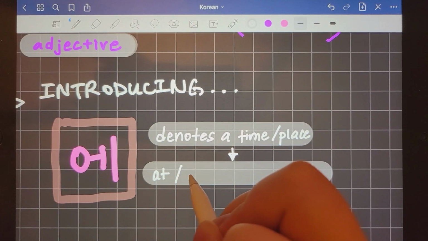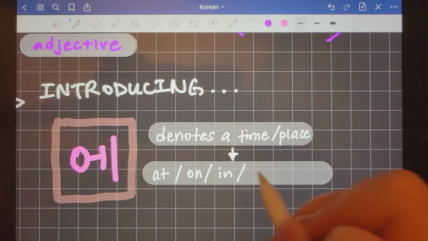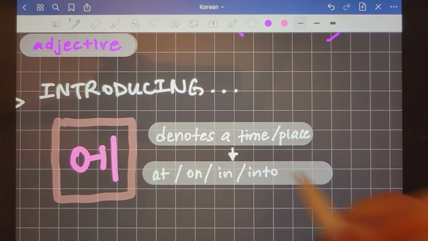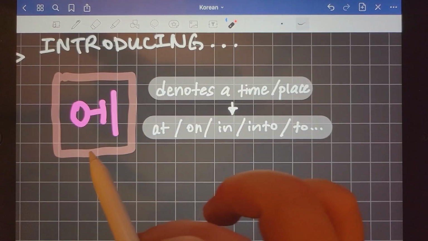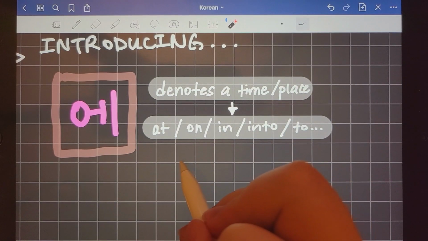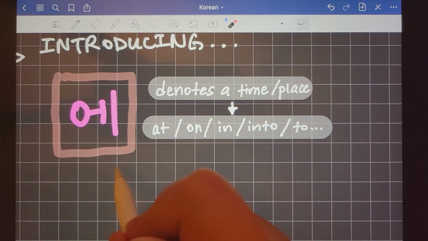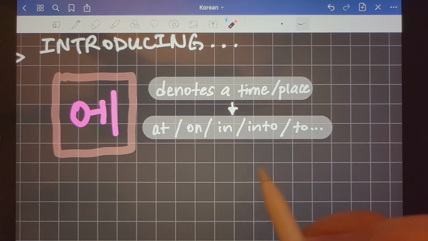Its translations into English can mean several things, such as at, on, in, into, or to. Now, e is a specific particle for this word ita. They're basically linked together.